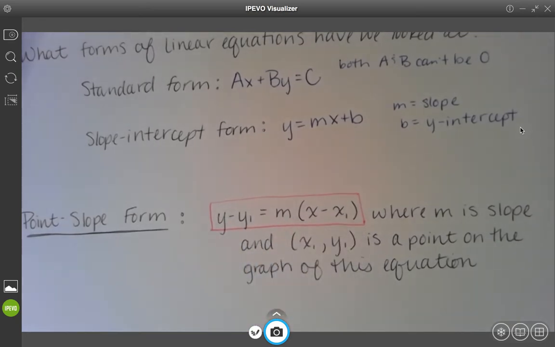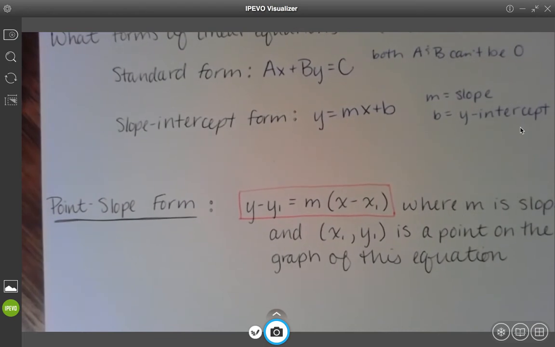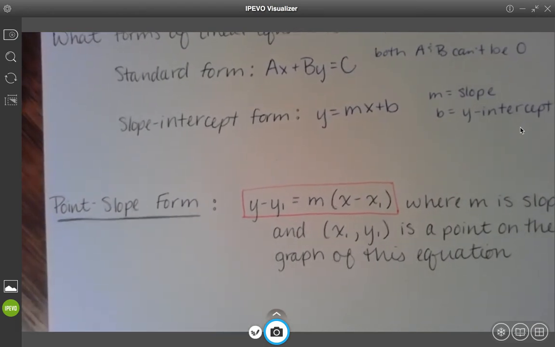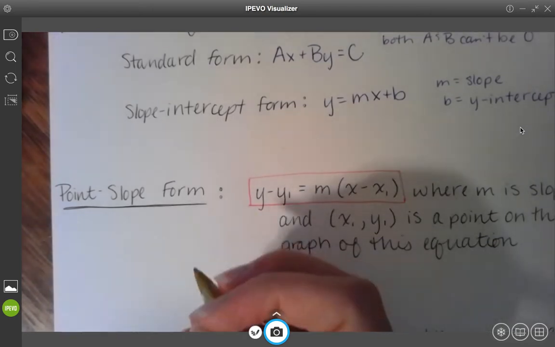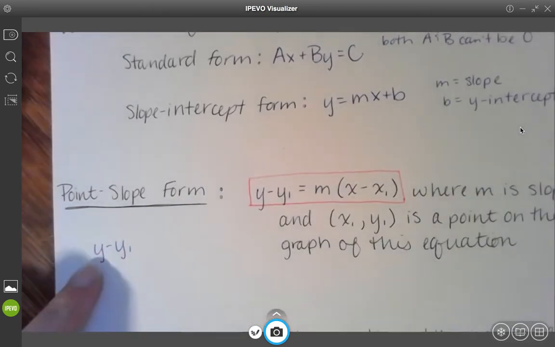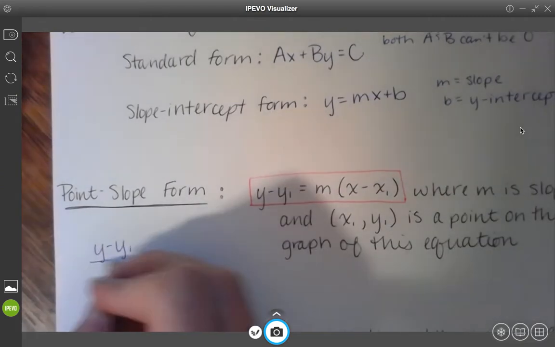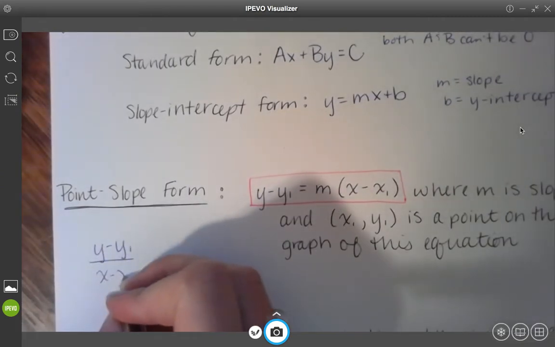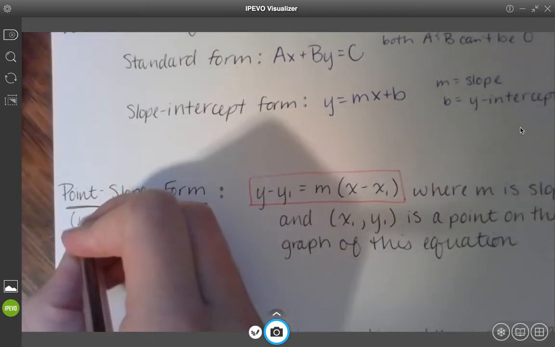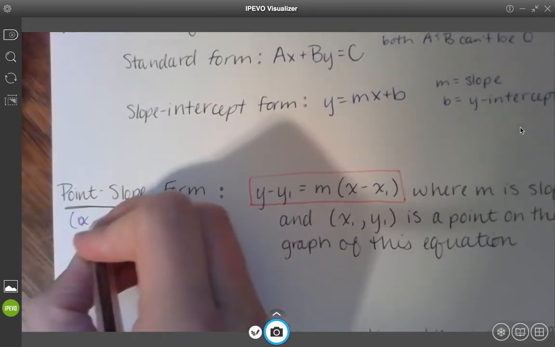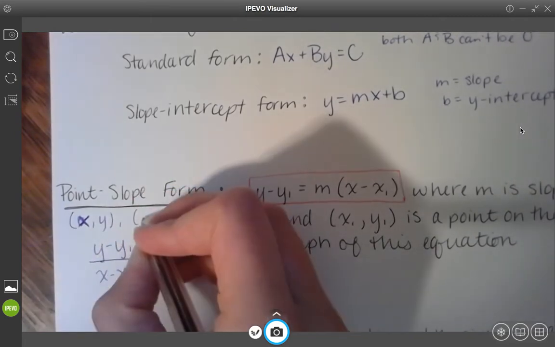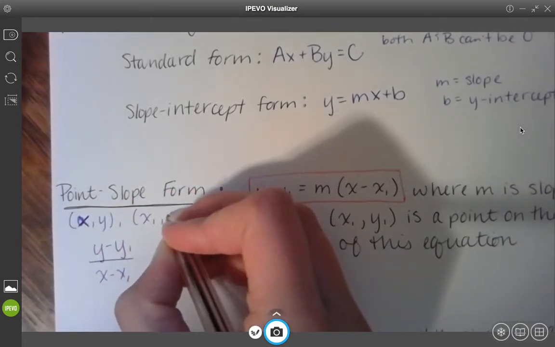If you think you're going to struggle to remember this form, I'm just going to quickly show you where it comes from. I'll keep it in this format. These are different y's, these are different x's, and these are from two different points: the point x, y and the point x1, y1.